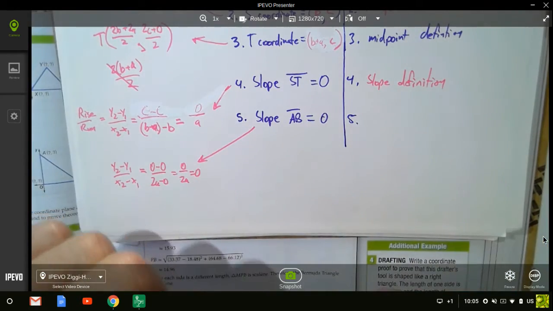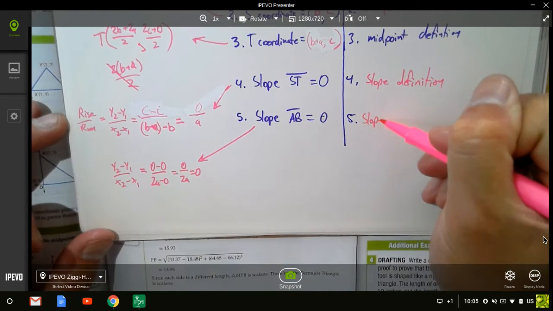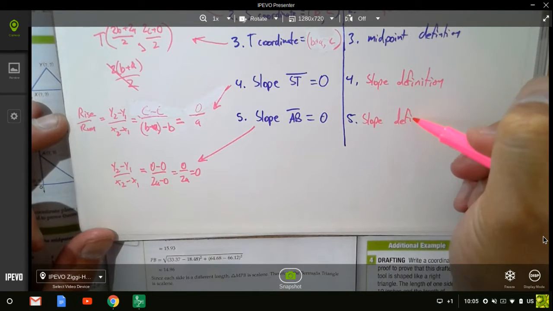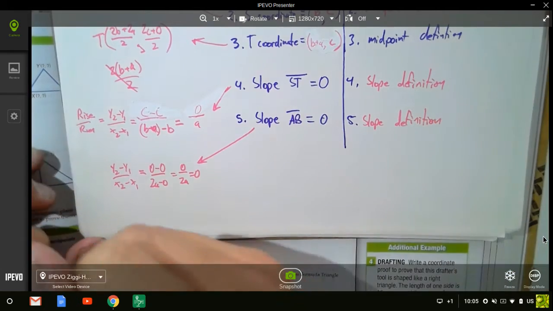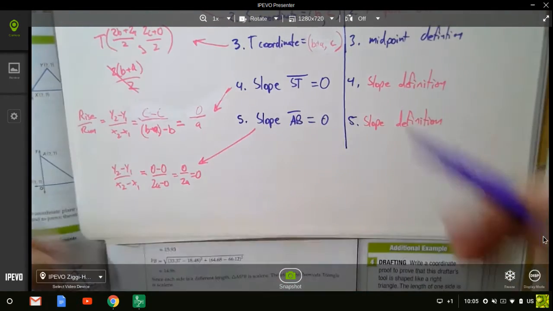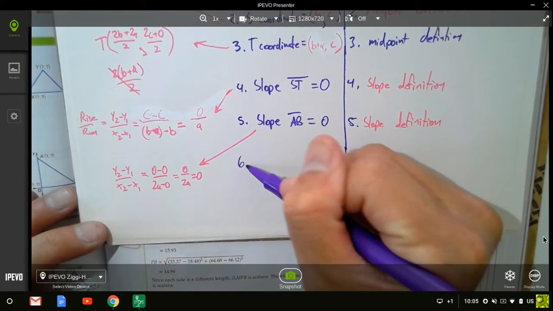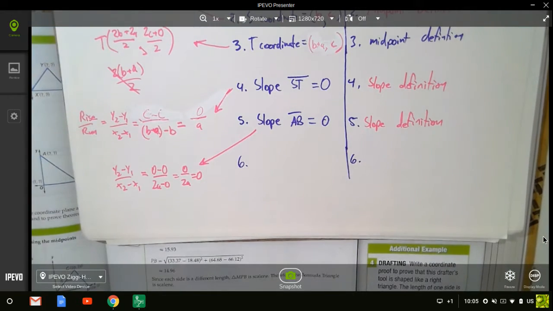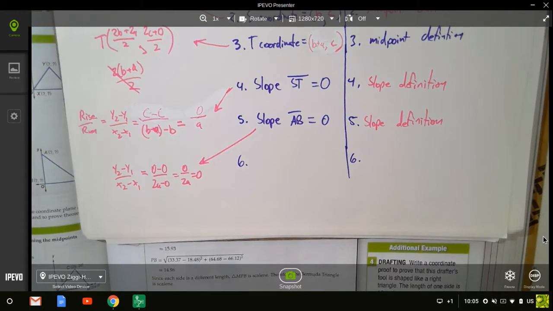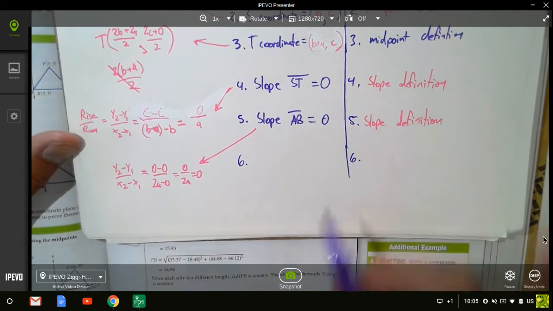By what reason do we do any of this math? And then what do you think my next step is going to be now? What is step 6 going to be? AB equals XT?